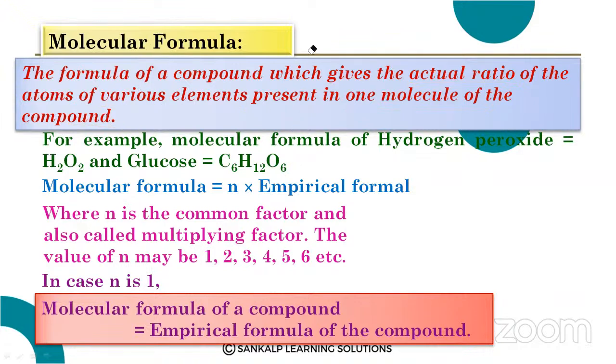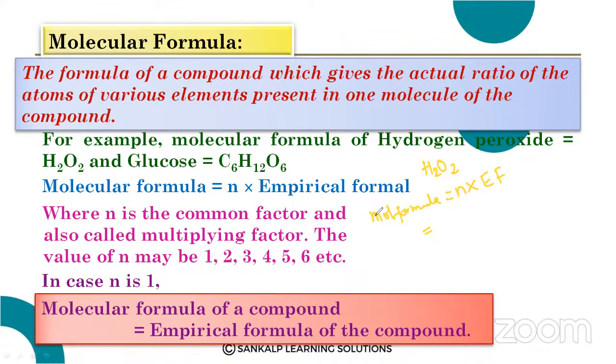Same examples we'll take: hydrogen peroxide, H2O2, and glucose, C6H12O6. Molecular formula you find by multiplying the common factor into the empirical formula.